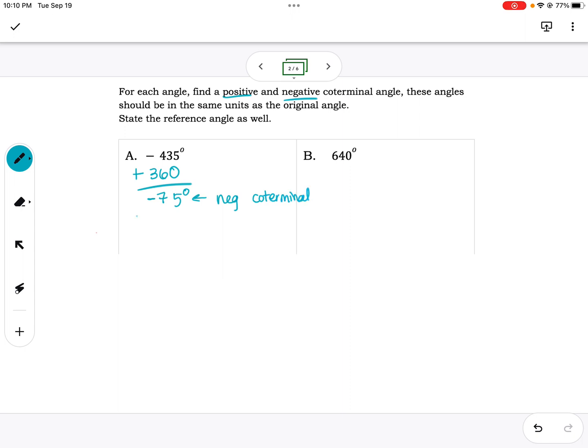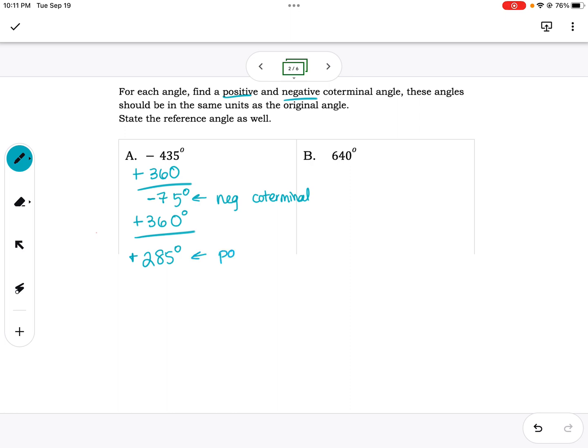All right, I'm going to add 360 again, and let's see if we can get a positive angle this time. 360, if I'm subtracting 75, that's going to be 285. Yeah, 285. Just had to double check my math there. See how this is a positive angle?